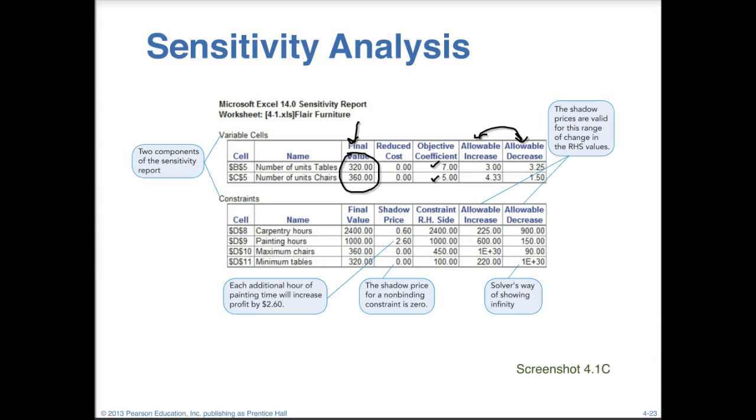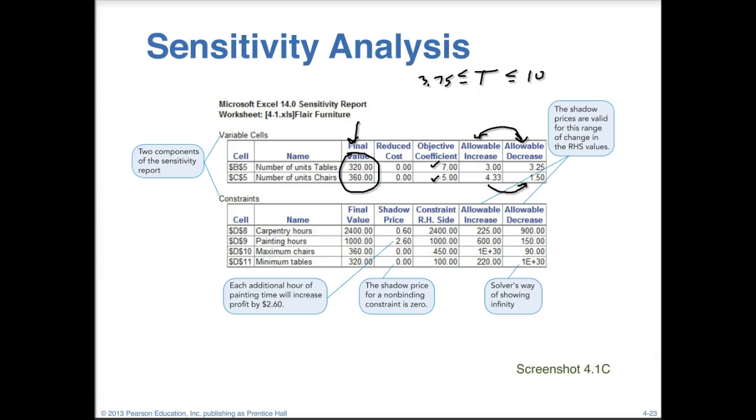Okay? So in other words, our range for profit on tables on the high end is going to be 10, and on the low end, 7 subtracting 3.25 is $3.75. I put 100, but it's supposed to be 10. So as long as our profits are from $3.75 to $10, this 320 for the amount of tables we should make should work.